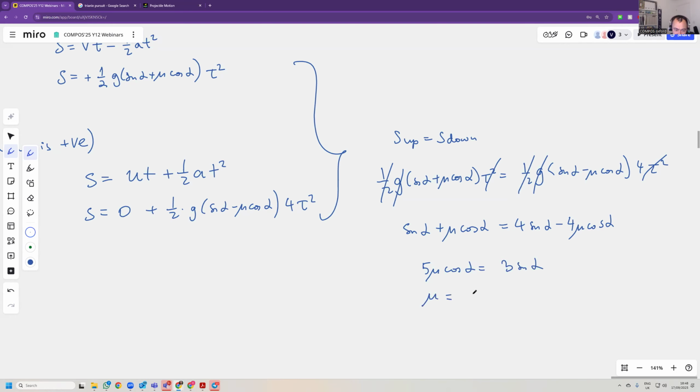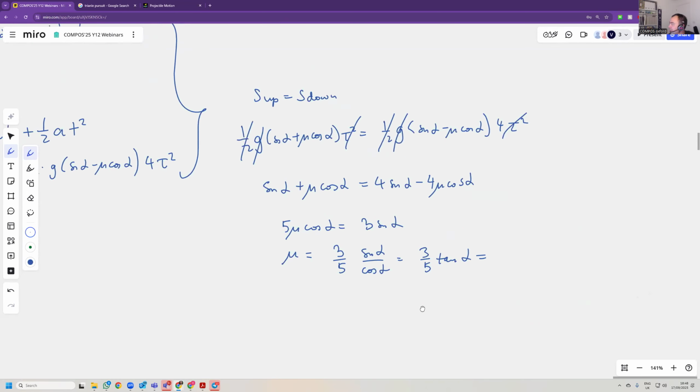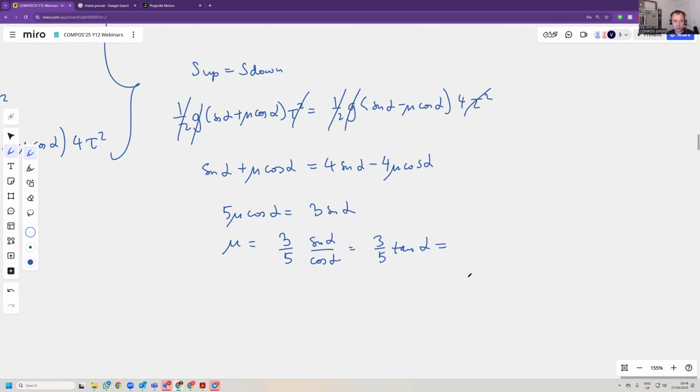Mu is equal to 3/5 sine alpha over cos alpha, which is 3/5 tan alpha. And now we can finally calculate the value. 3/5 tan 15. I won't try to calculate that without a calculator. It is possible, just not now. 0.161.